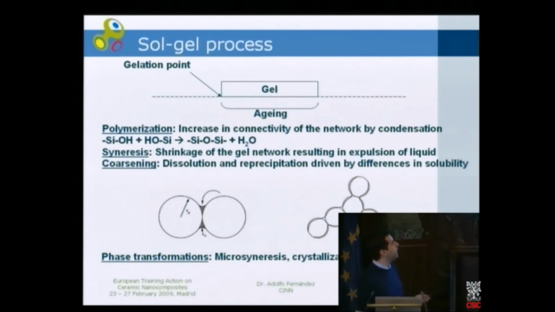After the gelation point, the subsequent transformations are grouped in the aging process, and mainly we can distinguish the polymerization, that is the increase in the connectivity of the network by the condensation of different groups in the chains, the syneresis, which is the shrinkage of the gel network resulting in the expulsion of the liquid, and the coarsening, that is the dissolution and precipitation driven by the difference in solubility, and it's similar to the diffusion mechanism that has been explained for sintering.